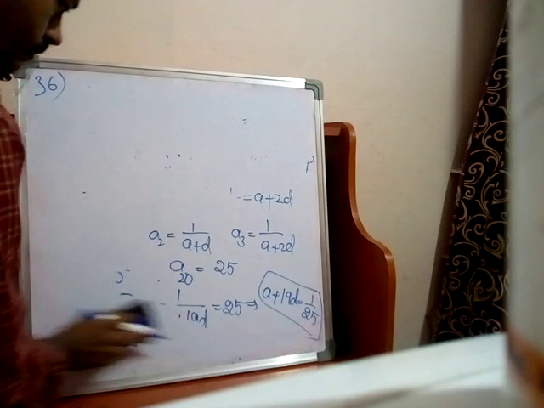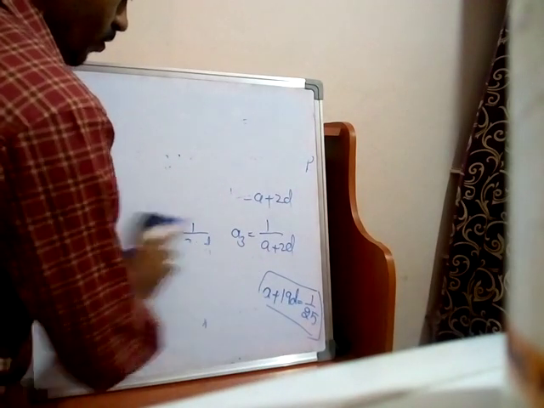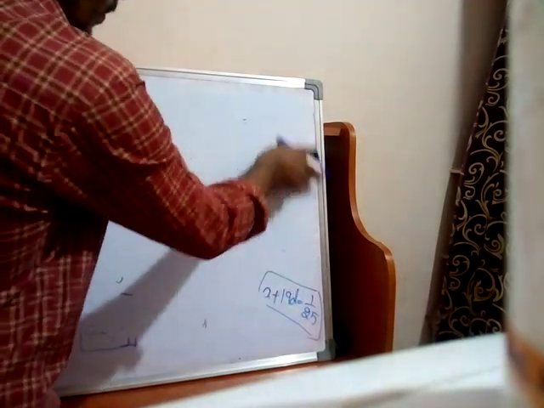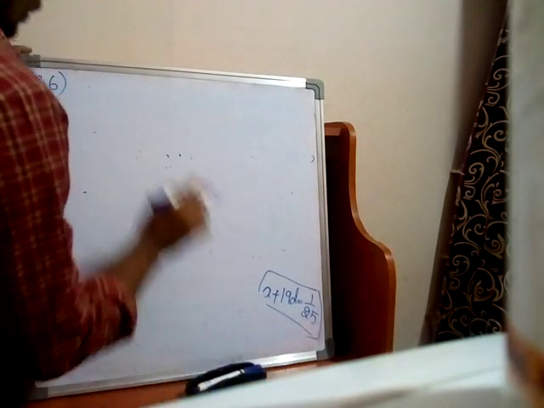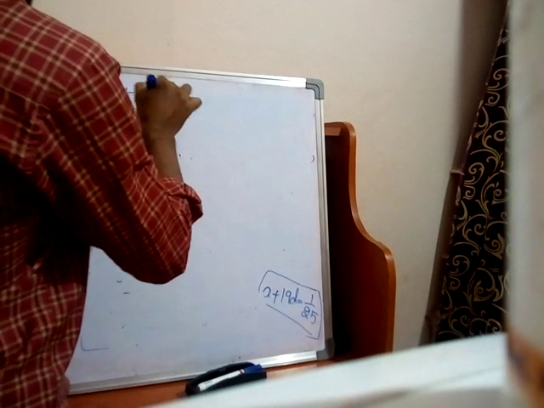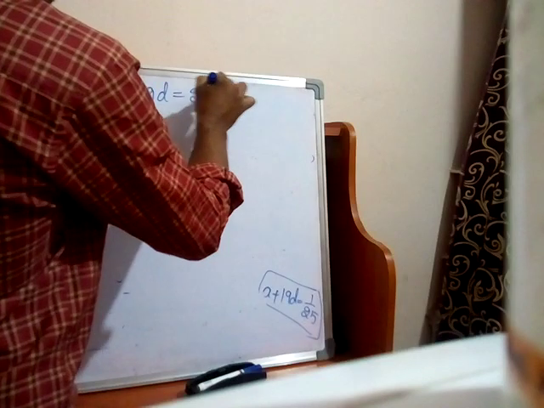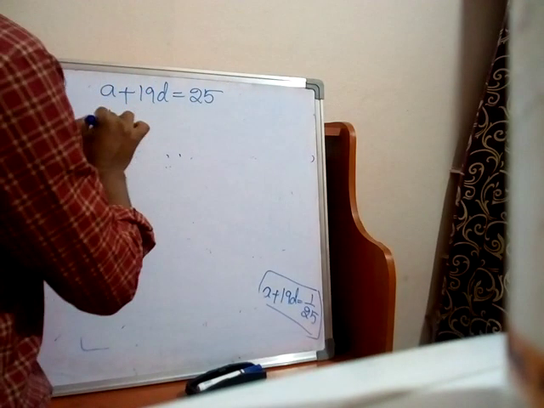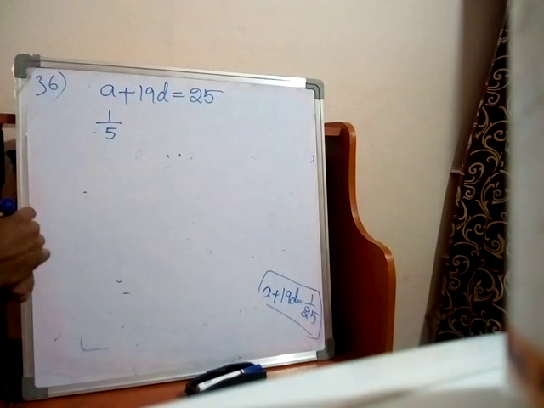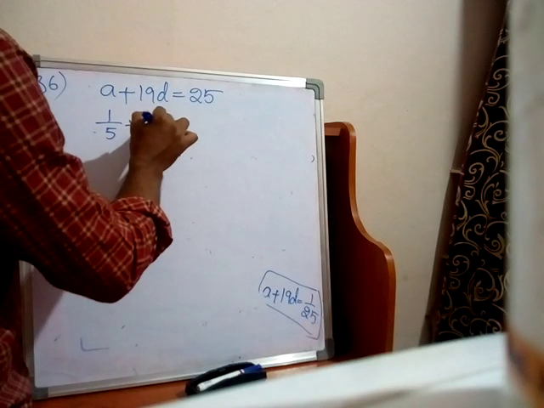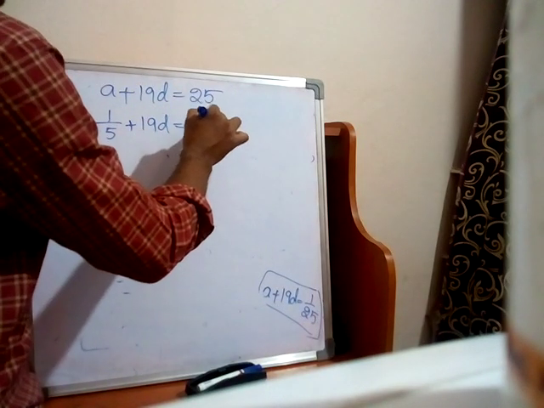So a plus 19d is equal to 1 by 25, and a is equal to 1 by 5. Substitute here: 1 by 5 plus 19d is equal to 1 by 25.